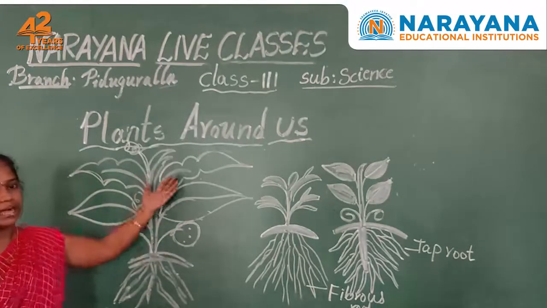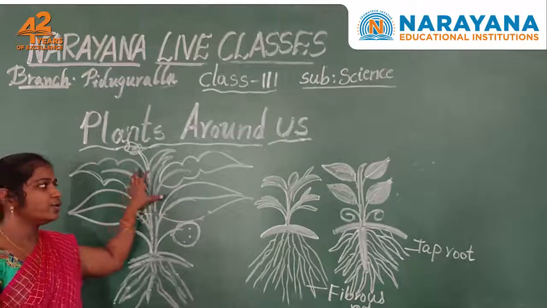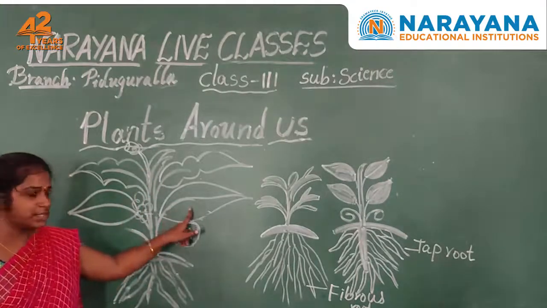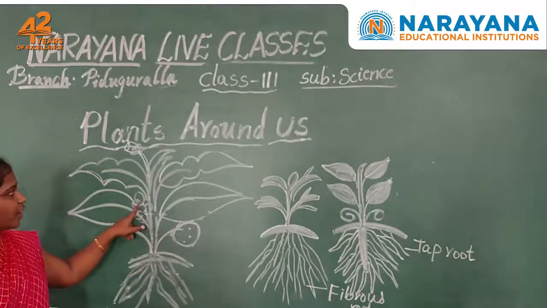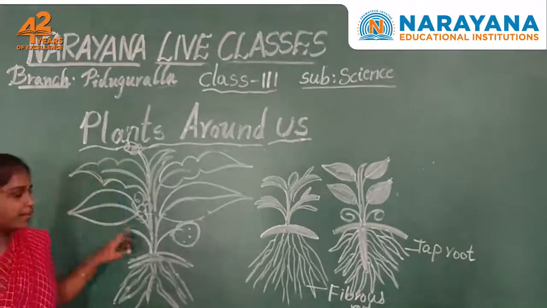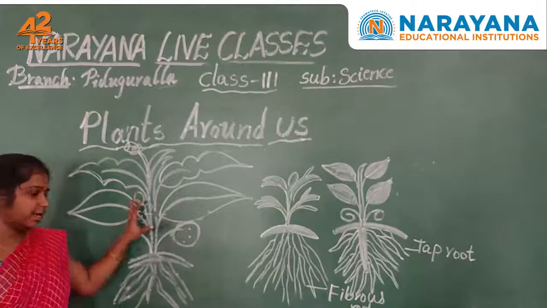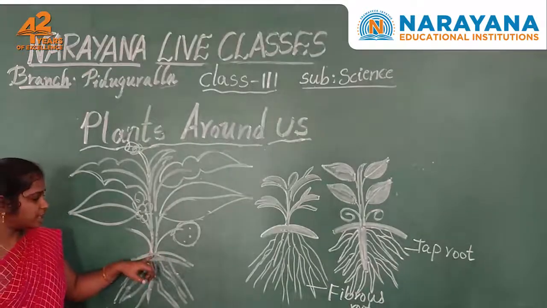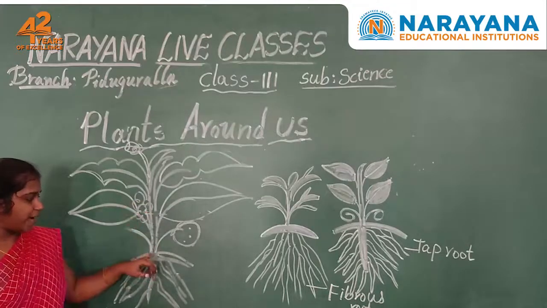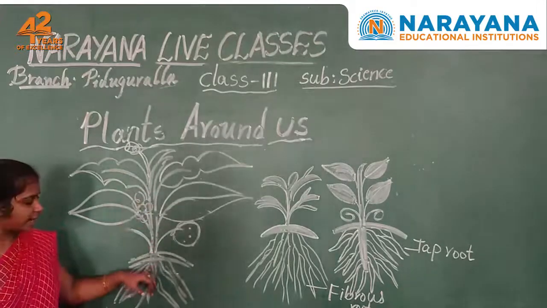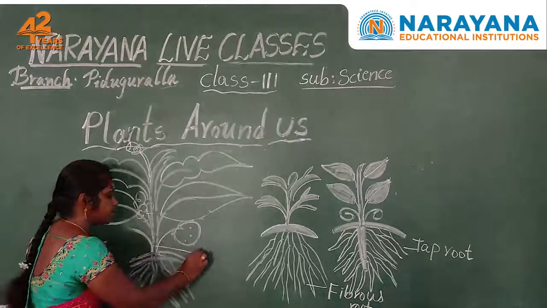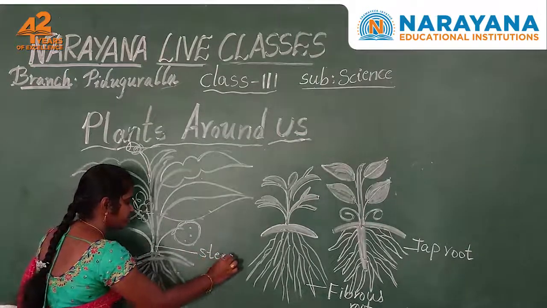Now coming to the part above the ground. As I told you, the shoots consist of stems, leaves, fruits, flowers and buds. I will be explaining these different things now. First one is stem. It is the main part of a plant which is above the ground that connects roots to the plant. This is stem.